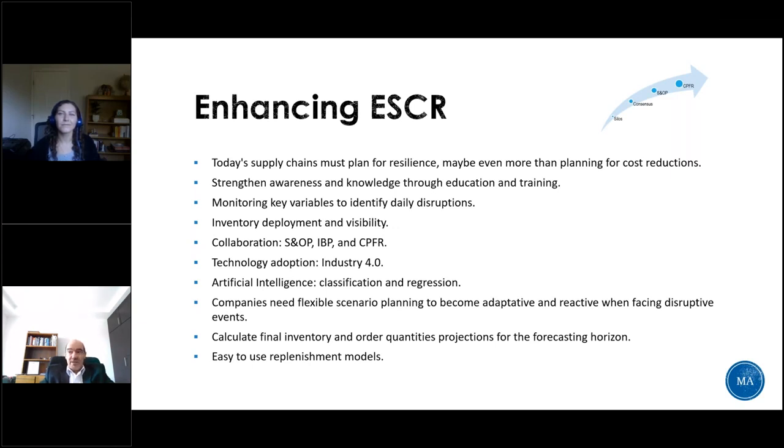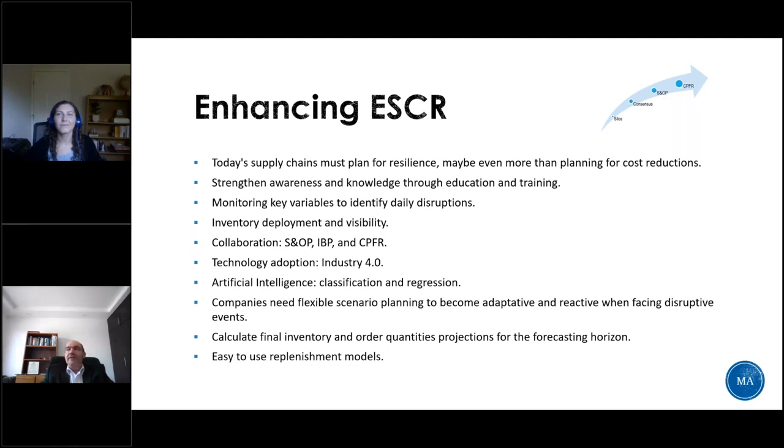Technology adoption, everything related to Industry 4.0, artificial intelligence, classification and regression algorithms. Companies need flexible scenario planning to become adaptive and reactive when facing disruptive events. That's basically what I'm talking about here. And it's very good to calculate final inventory and order quantities projections for the forecast horizon.